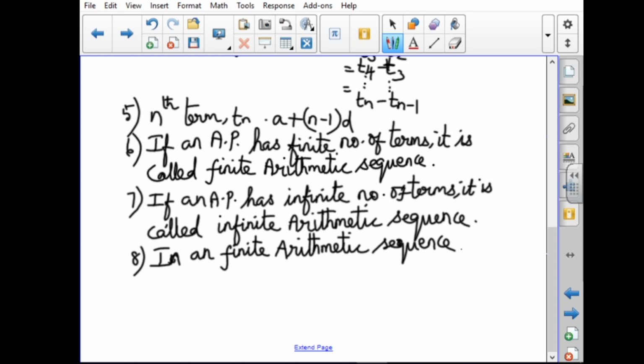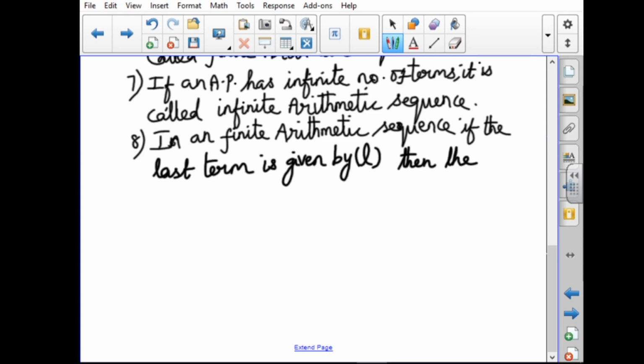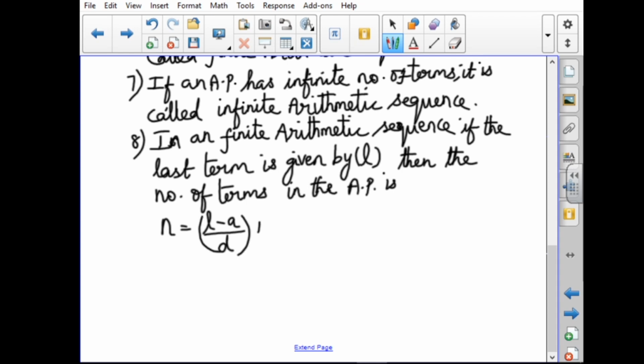If the last term is given as L, then the number of terms in the AP is given by the formula n equal to L minus A by D plus 1. Here we use this formula only for a finite arithmetic sequence.